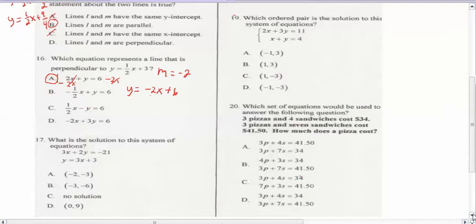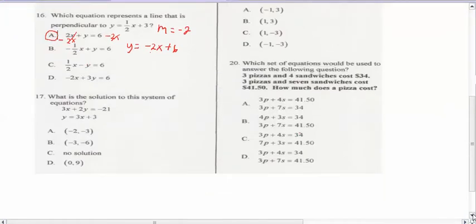Okay, the next one. We need to solve this system, and you can solve it however you'd like. In this case, I'm going to use substitution because it's nicely set up for substitution. I'm going to take this and plug it in. I have 3x plus 2 times (3x plus 3, I think that's a plus 3, let me make sure) is equal to -21.